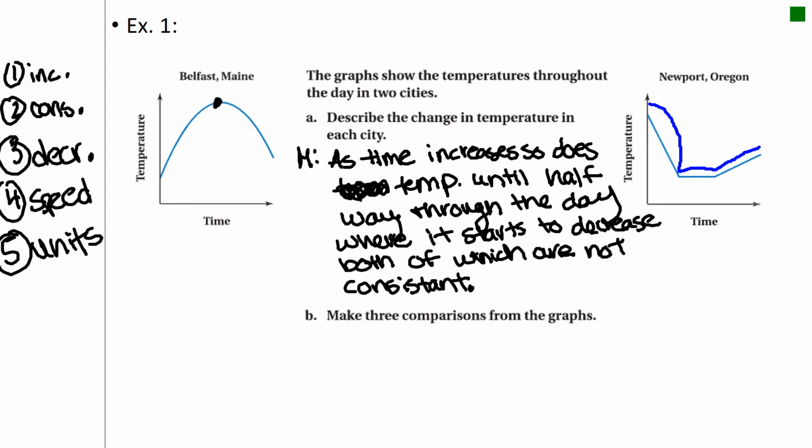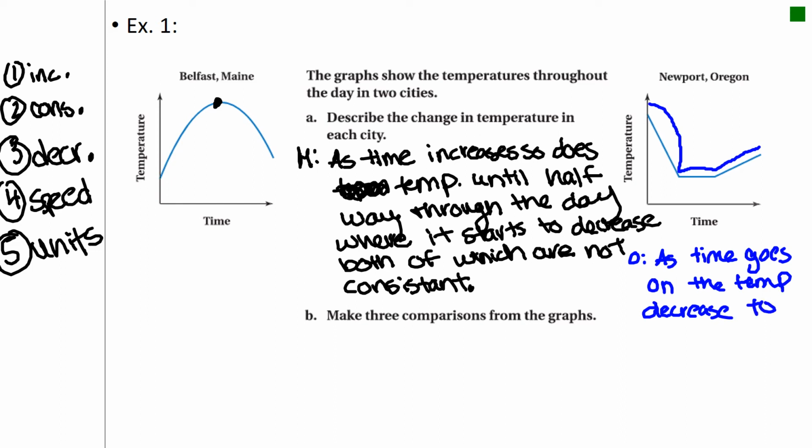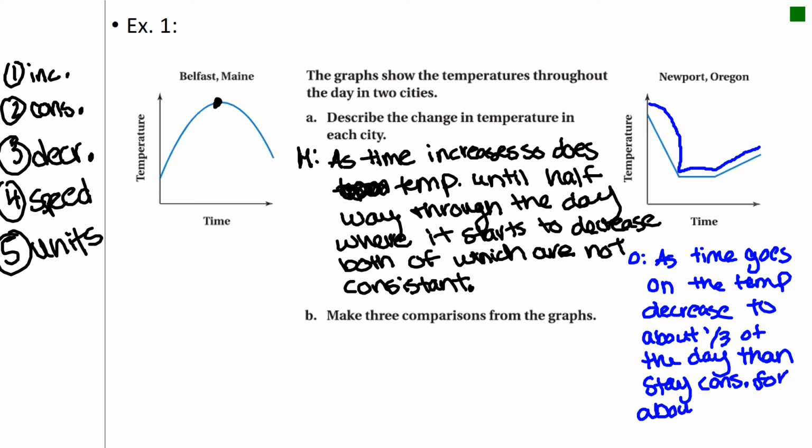So, Oregon. As time goes on, the temp decreases for about 1/3 of the day, then stays consistent for about 1/3 of the day.